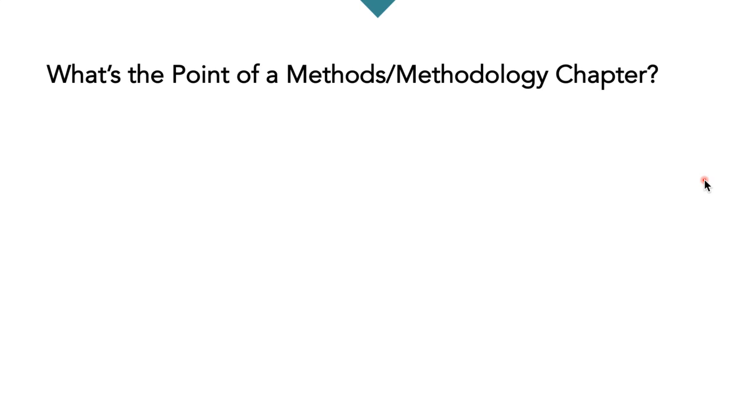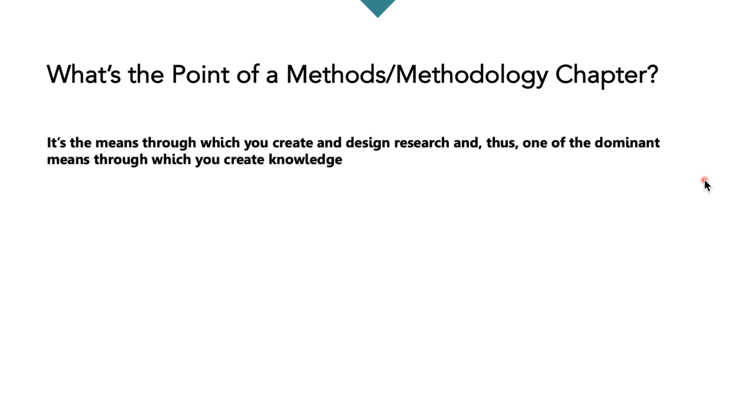And the reason it's important to establish that in the context of the methods or the methodology chapter is because this is the chapter not necessarily where you answer the questions or solve the problem that you're trying to solve or answer, but this is the chapter where you contextualize your answer to the question or your resolution to the problem, whatever it might be.